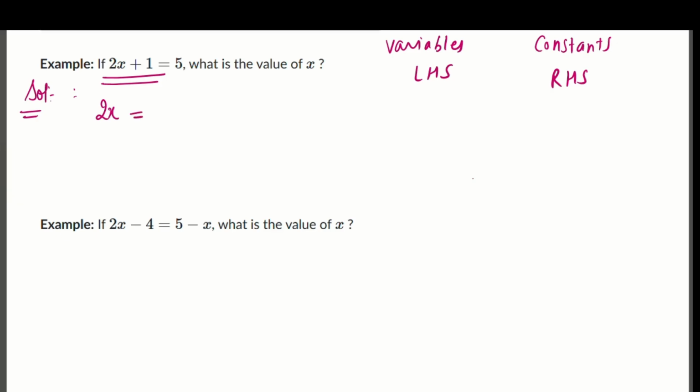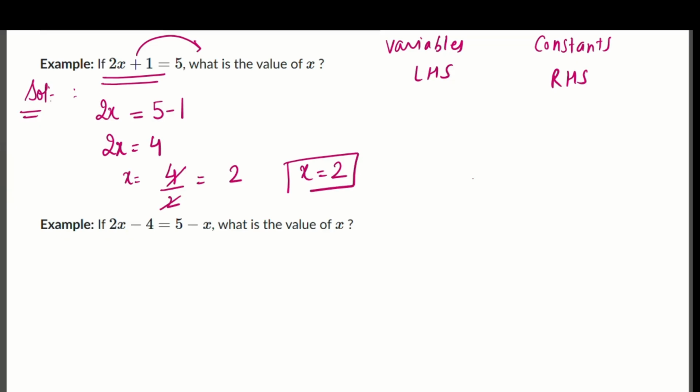Obviously the sign of plus 1 will be changed. 5 minus 1, so 2x is equal to 4. x is equal to 4 by 2. So the answer would be 2. So x is equal to 2.